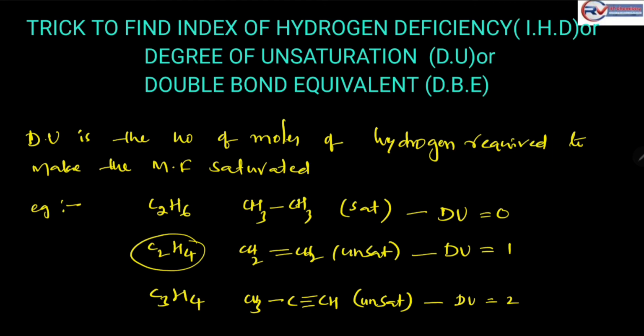So look at C3H4, carbon having a triple bond means DU equal to 2. A double bond means unsaturation equal to 1, unsaturation means DU. A triple bond means DU equal to 2.